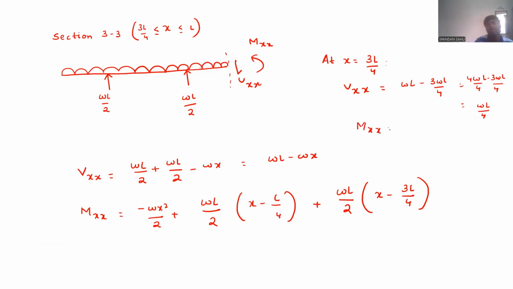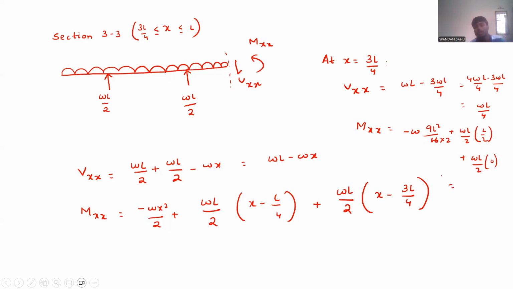Then Mxx is coming out to be how much? If x equal to 3L by 4, minus W into 9L square upon 16 into 2, plus WL by 2 into 3L by 4 minus L by 4, which is 2L by 4, that is L by 2. And the third component will become 0.